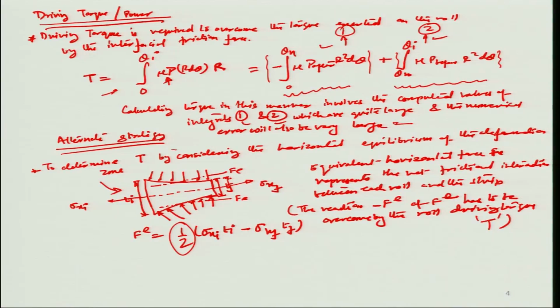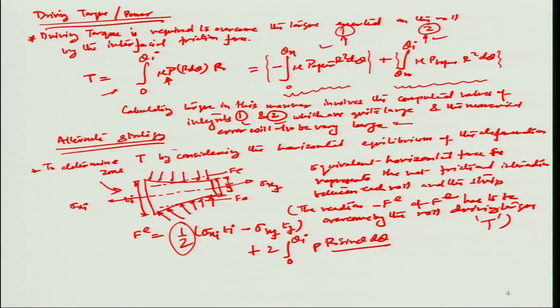So that is one, and then you have a frictional force here, and the frictional force here again will be given by twice integral 0 to theta I, the roll pressure P times R sine theta times d theta.